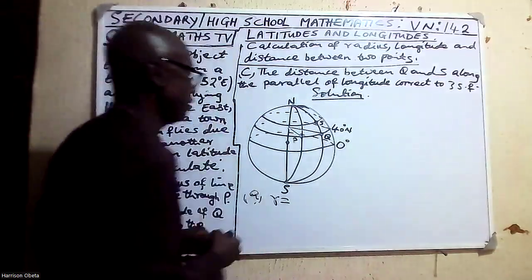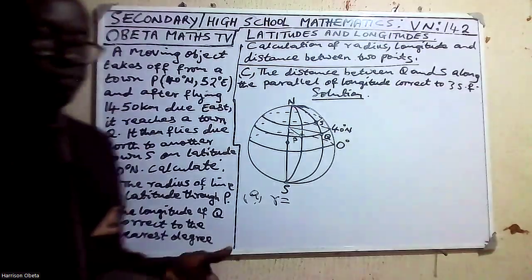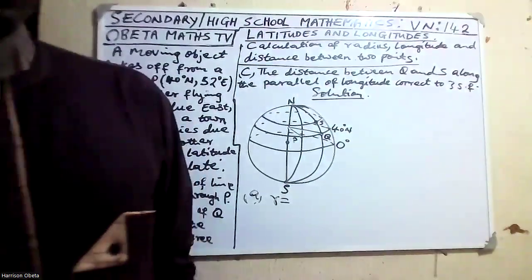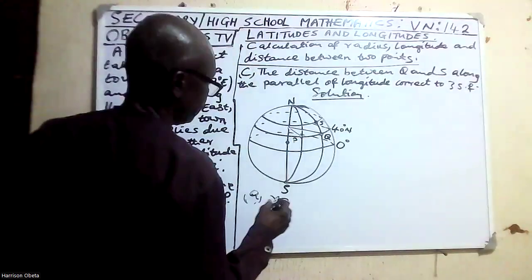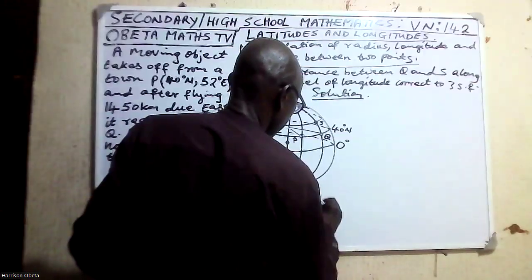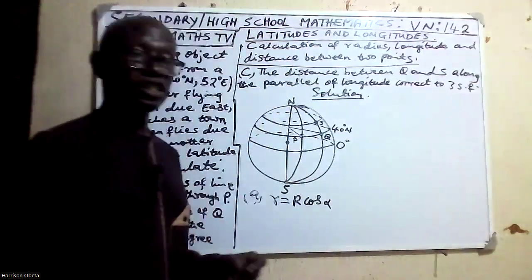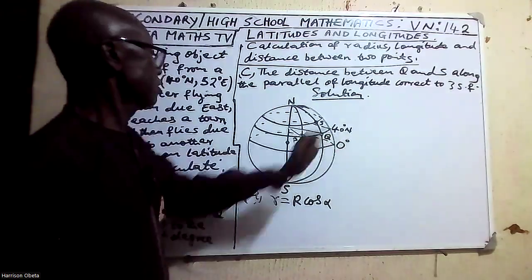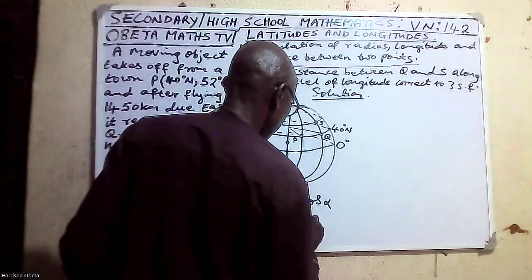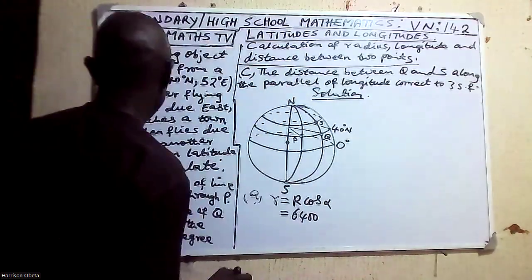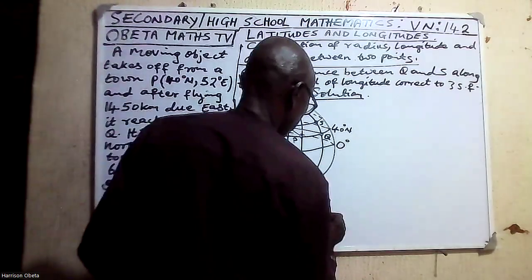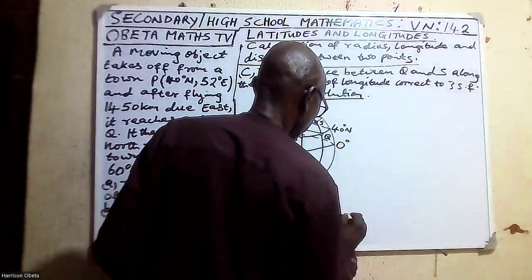radius is given by capital R cos alpha. Here our alpha is 40 degrees, which is equal to 6400 multiplied by cos 40.